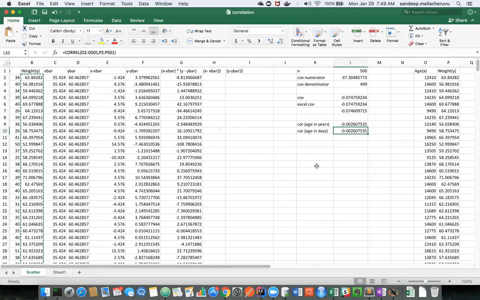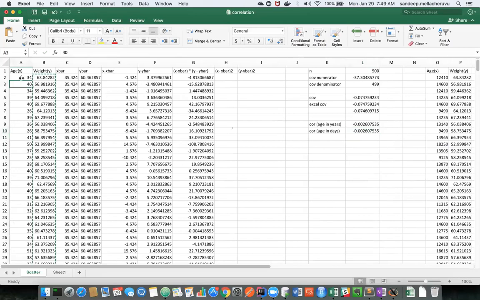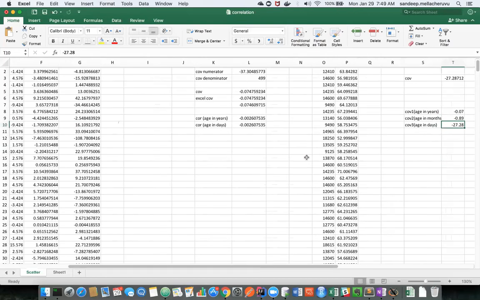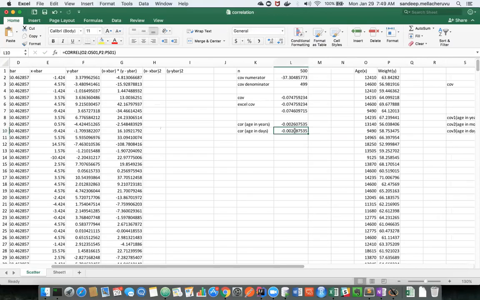Okay, so correlation is mostly the preferred way to find the relation between two variables, because you already saw this: whether it is age in years or age in days, it doesn't make any difference for correlation, but covariance is always changing based on the units. That's why it is always preferable to use correlation rather than covariance.